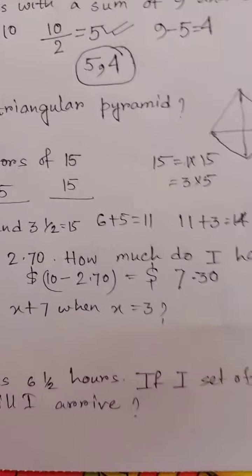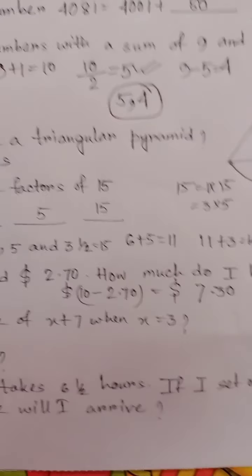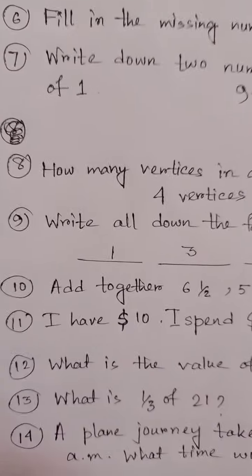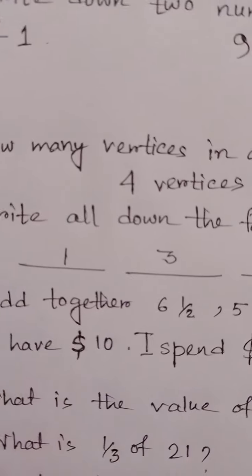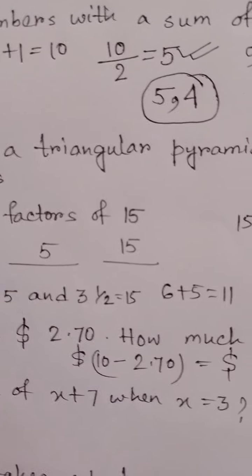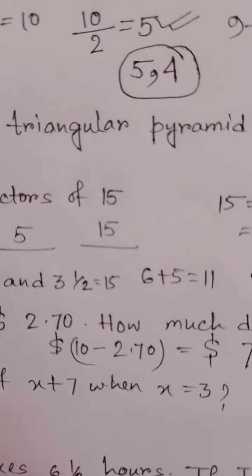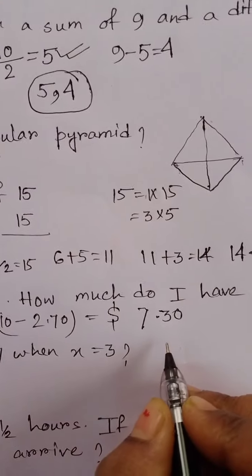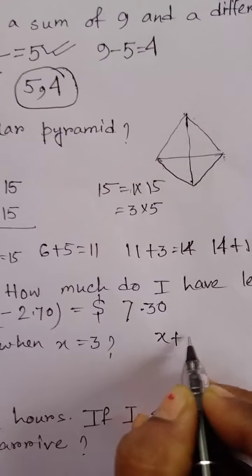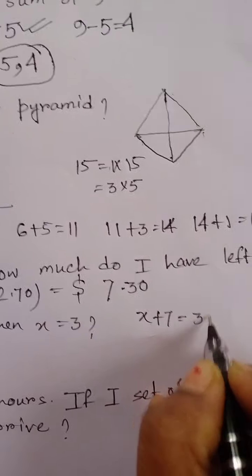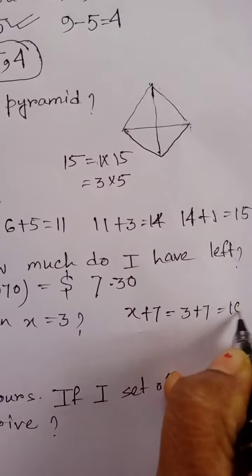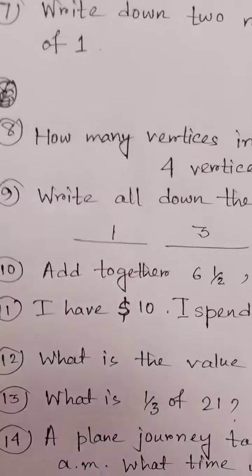So $7.30 is the answer. Clear? Number 12, what is the value of x plus 7 when x is equal to 3? So when x is equal to 3, x plus 7 is equal to 3 plus 7 is equal to 10. So 10 is the required answer.